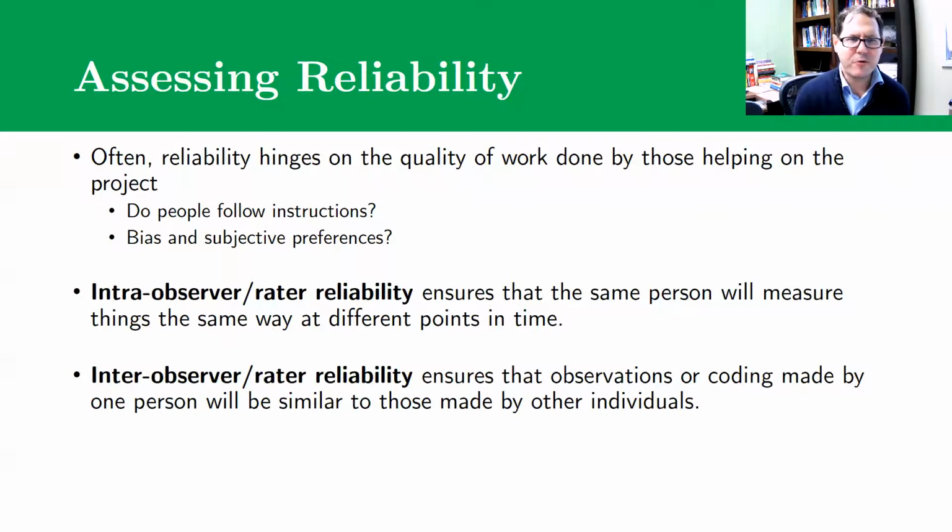We could also think about inter-rater reliability and inter-observer reliability, where we're looking at how I code things and how you code things. And if we're in fairly high agreement, that maybe suggests that our measurements are reliable.